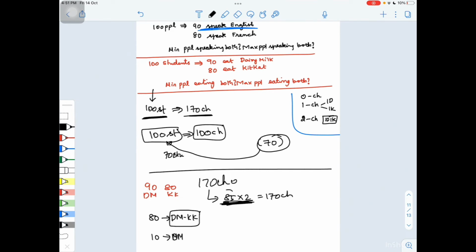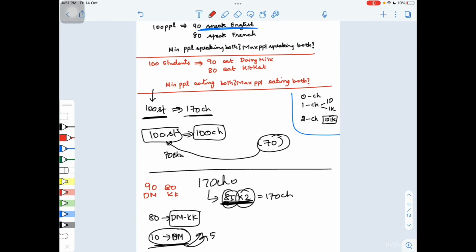So the problem in doing this 85 into 2 approach is that I will be left with 10 Dairy Milks, and if I split them into 2 chocolates, 5 people are getting a Dairy Milk combo. So this is not allowed. This is a small drawback of this chocolates and students method, especially with respect to the maximum number of people eating both the chocolates.